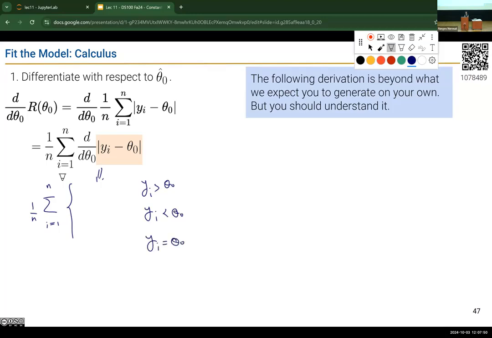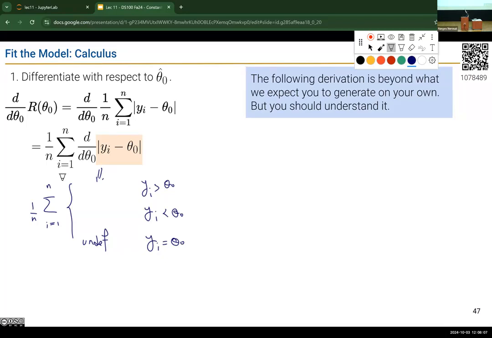In this case, I can get rid of the absolute value function. So I would say that the derivative is undefined in the last case, and we're not going to consider the case that yi is exactly equal to theta 0 for the purpose of this derivation.